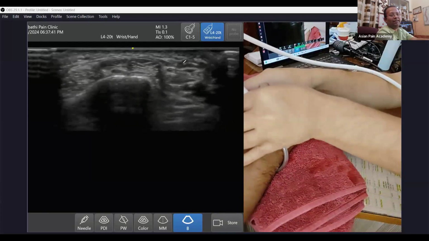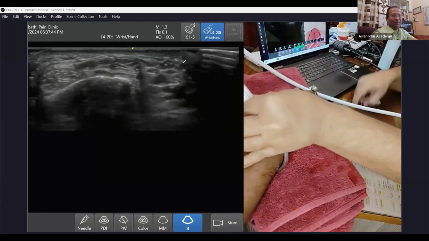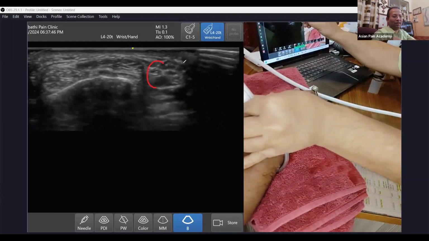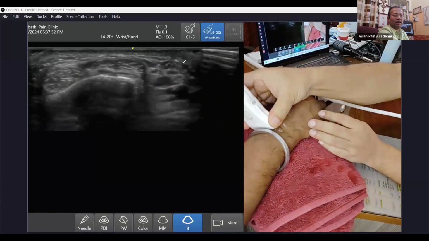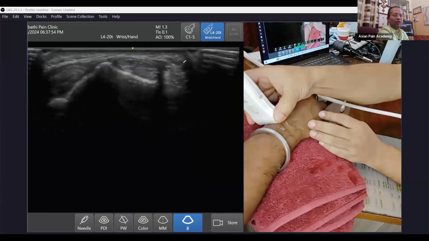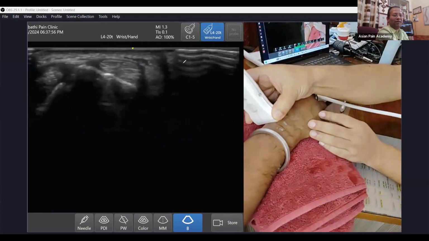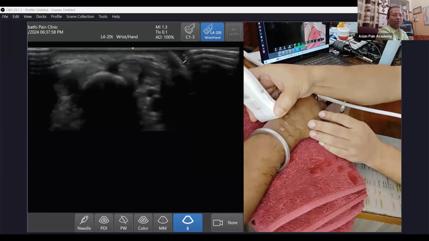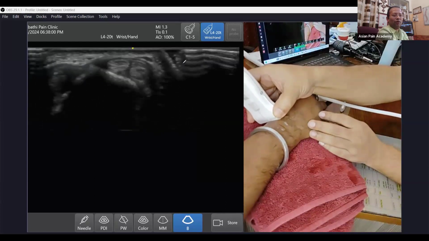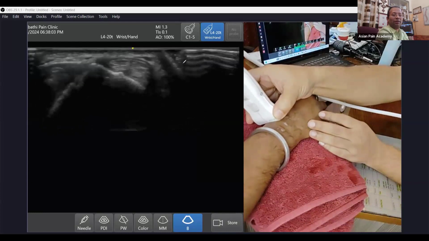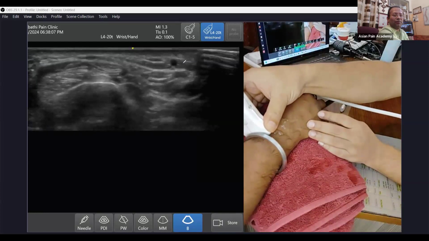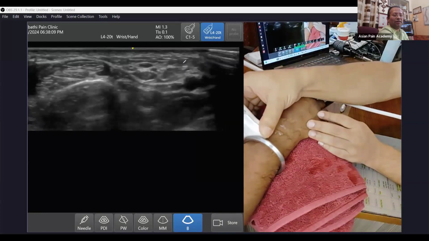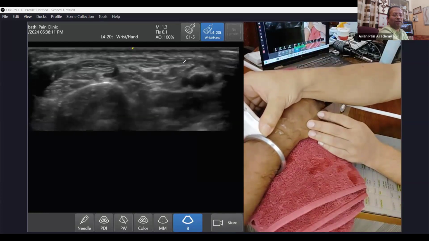Actually I can clearly see it, so it is better I show you so that you can target it. This is called the superficial radial nerve. As I go down, it will come above the compartment 1 tendons. Here you can see the superficial radial nerve.